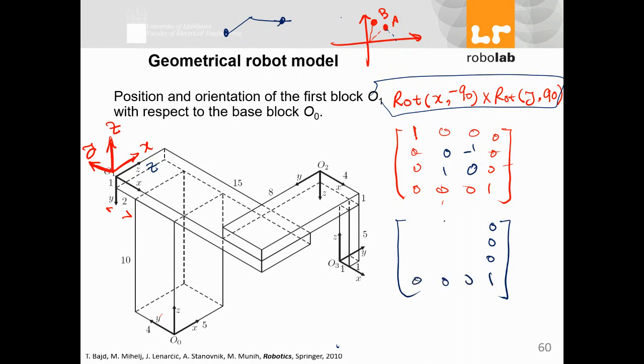We are rotating around y, therefore this will be 1, 0, 0, 0, 0. What you have is z and x. So for z it will be cosine of 90, which is 0, and negative sine of 90, which is negative 1, and sine of 90, which is 1, and 0.